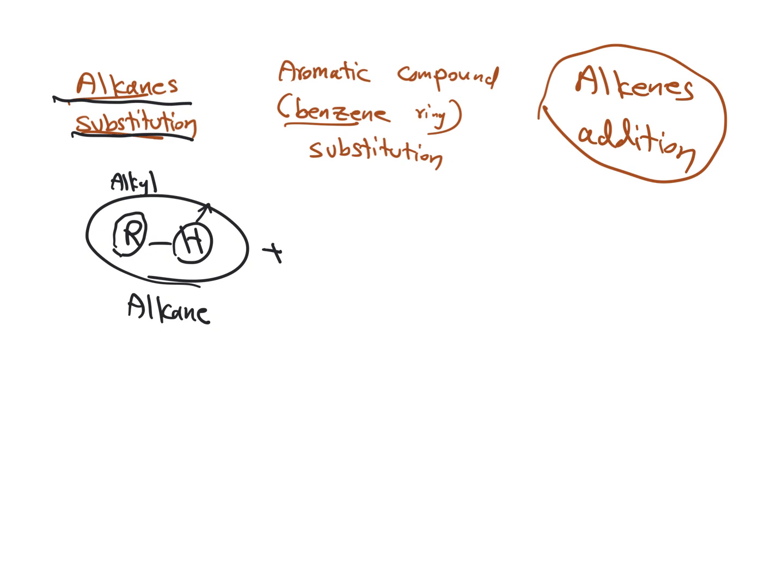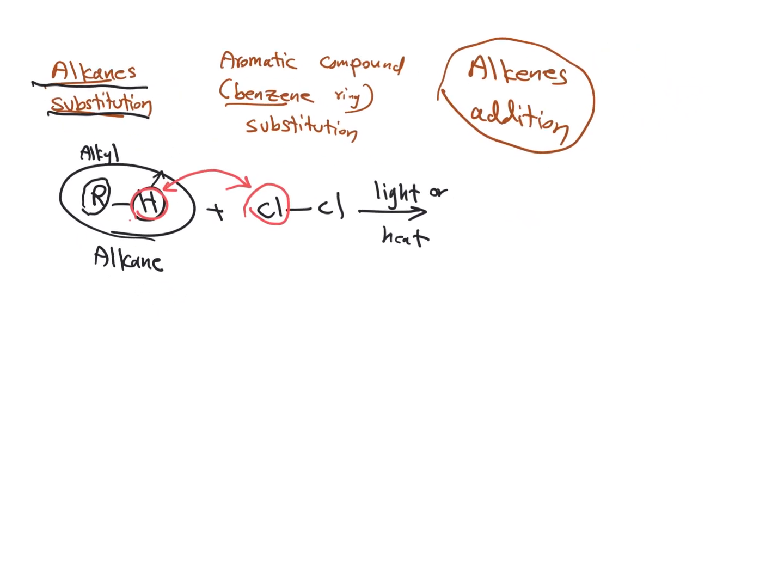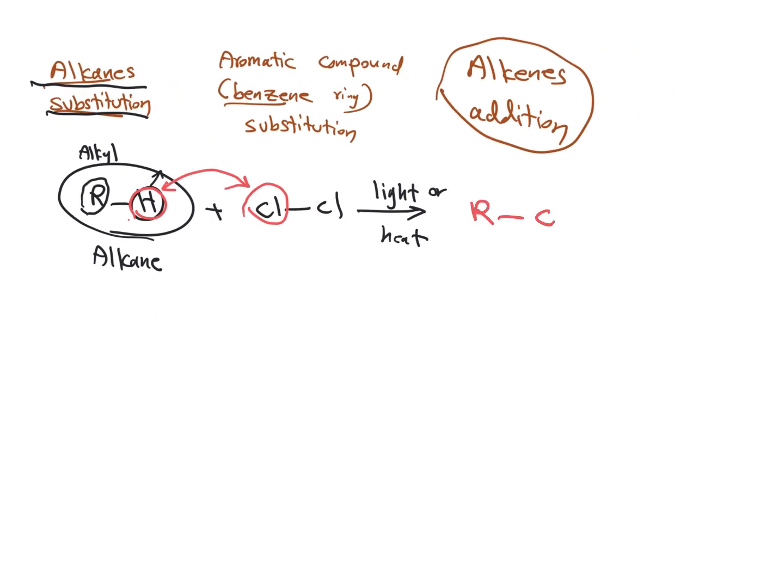So for instance, we write Cl2 like this. If we give these molecules heat or light, what happens is that we have substitution, meaning that one of these chlorines and this hydrogen switch places. So we'll have RCl plus HCl.